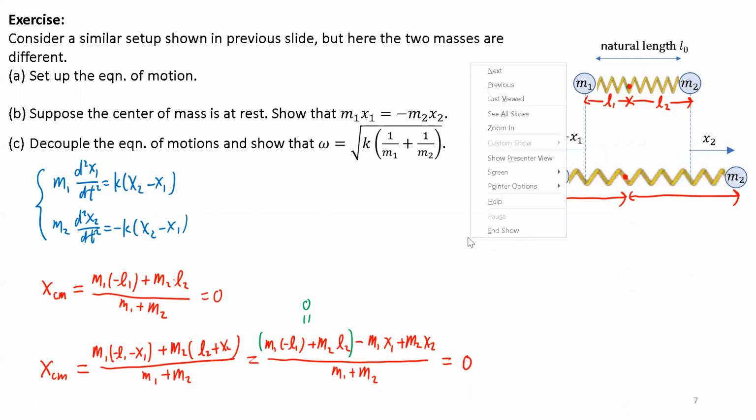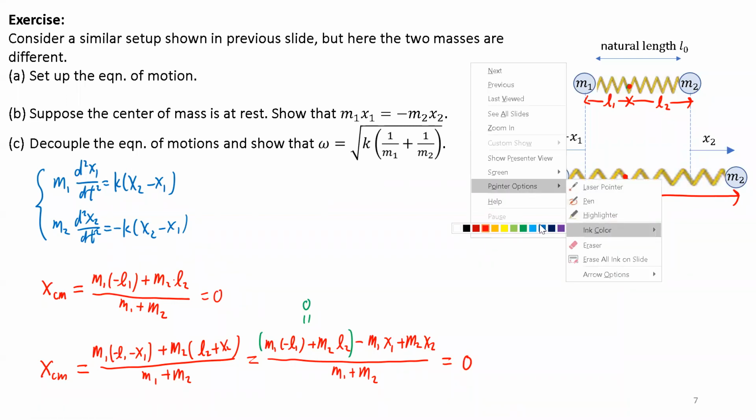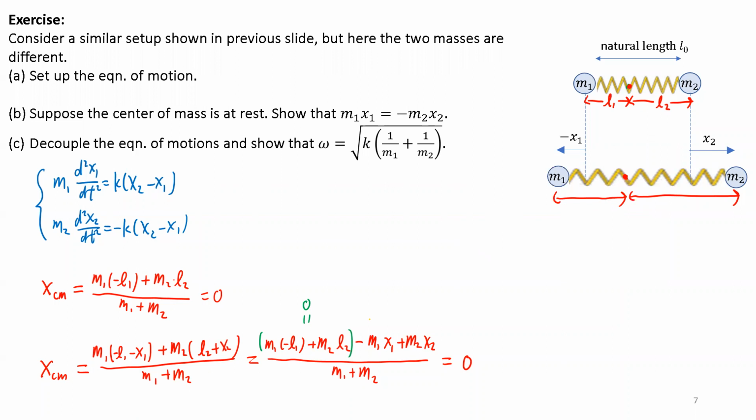That is to say, the last two terms added together are also 0. So that's why you have this. Now I have this relation over here.